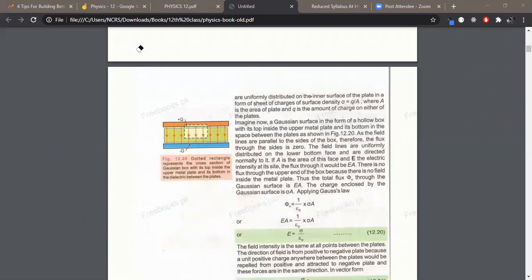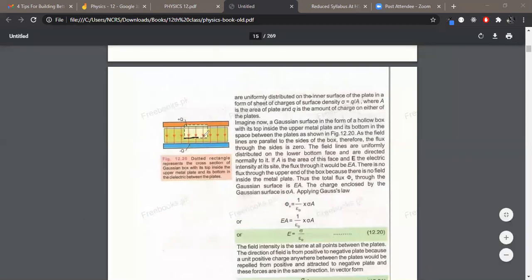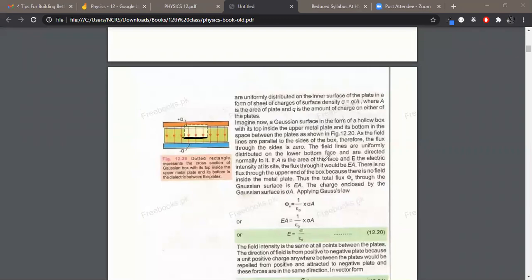So the only flux we have is because of this surface. That's why we have phi equals EA and not 2EA as we had in our previous case. So the flux is EA.